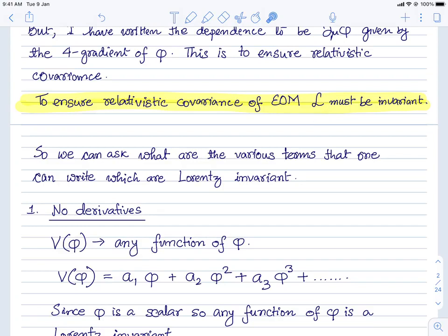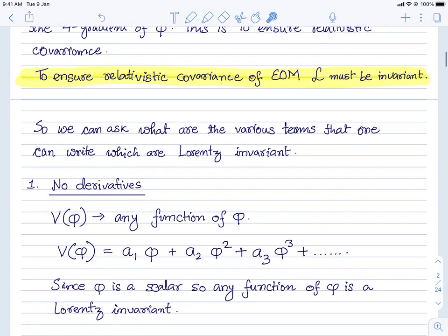To answer that question, I'm going to think about various terms that are possible to be written down in the Lagrangian density, but I'm going to classify those terms according to the number of derivatives that exist in that term. Okay, so this is a classification of the terms that are possible to be written down, based on the number of derivatives acting on the scalar field phi.